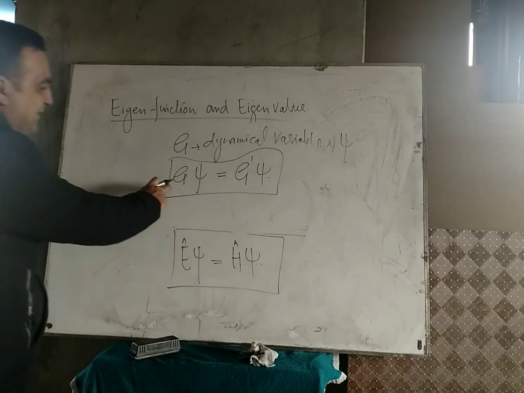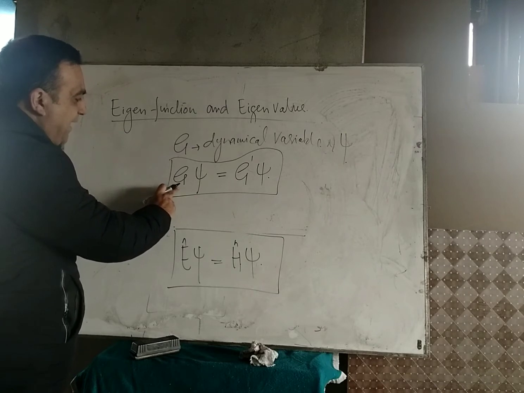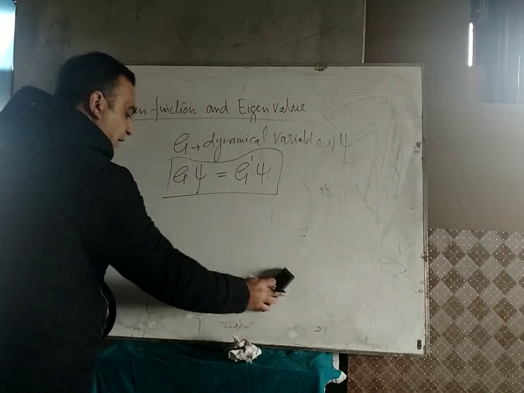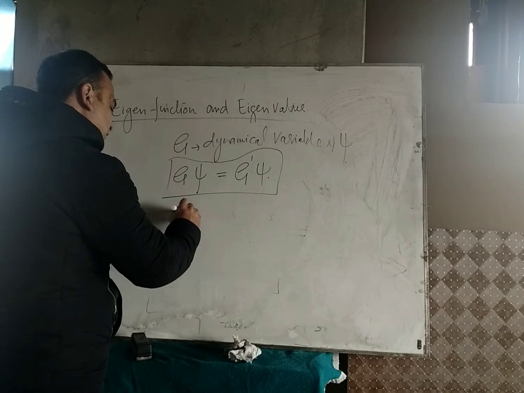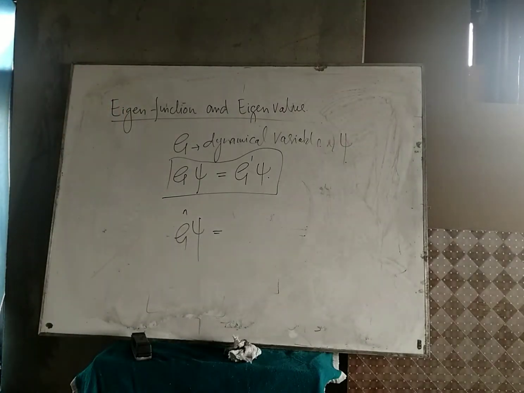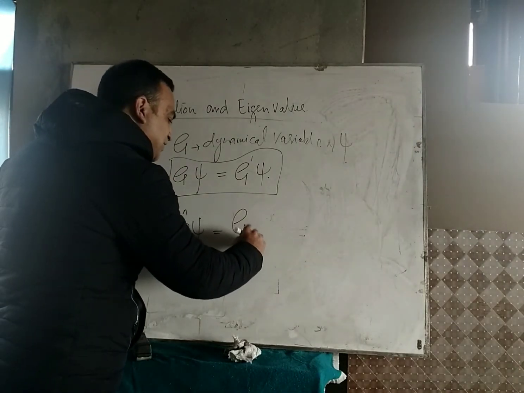I will replace this dynamical variable G by its operator, and evaluate the thing, and what I will obtain is something like Gn psi.